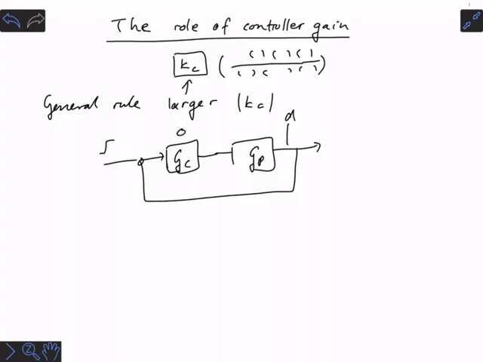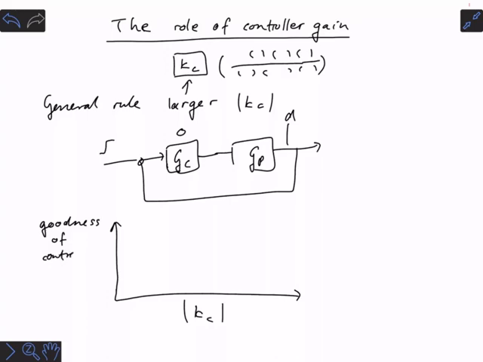So if this is just 0, we can imagine control performance, if we have some kind of graph and we plot that as a function of Kc, and goodness, we can imagine that the very bad is over here, at 0, right?